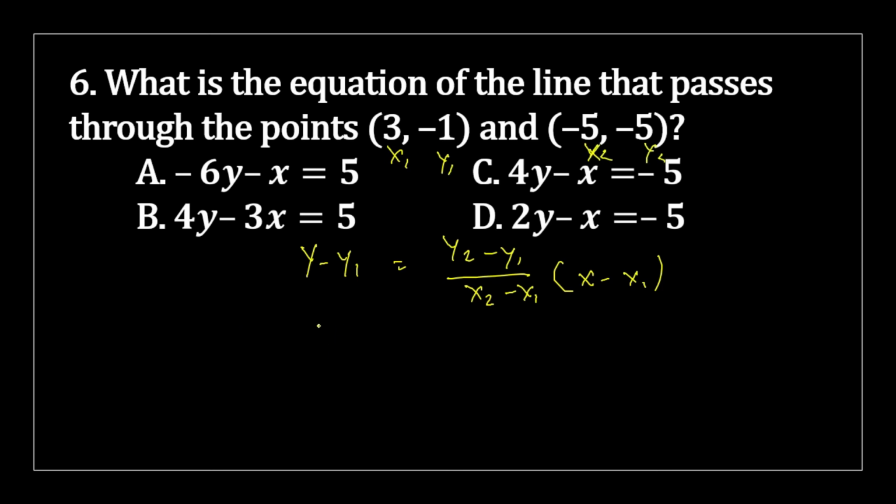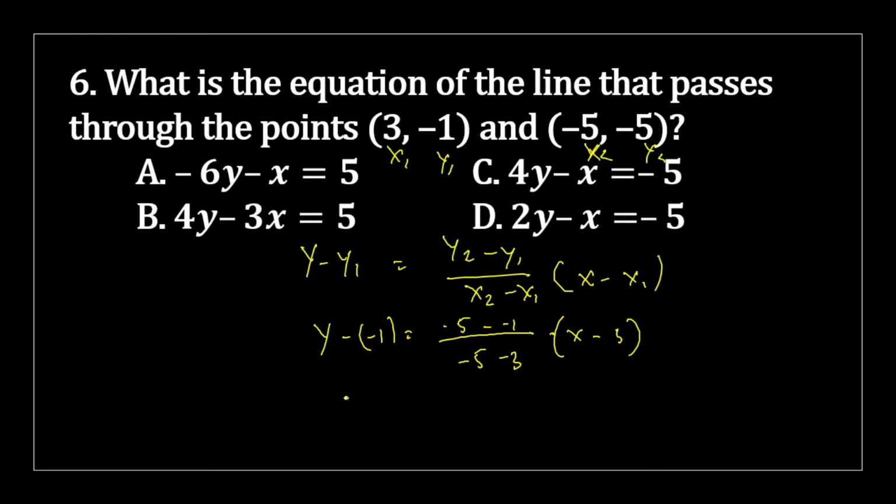So let's substitute it. So y minus negative 1 is equal to negative 5 minus negative 1 over negative 5 minus 3 multiplied by x minus 3.